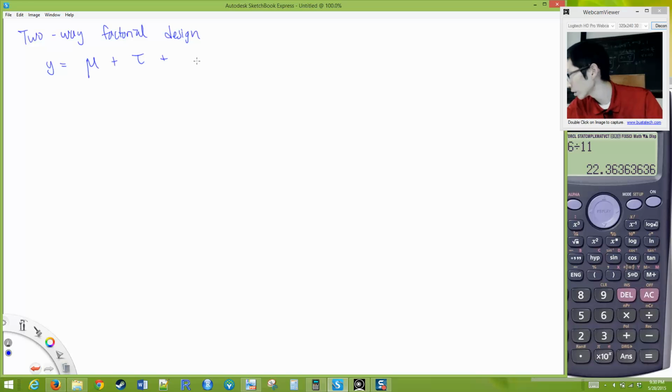Tau, beta, gamma. Different books use different notation, we're just throwing a bunch of Greek letters in here. Epsilon is always the residual. This is always the individual difference, right?